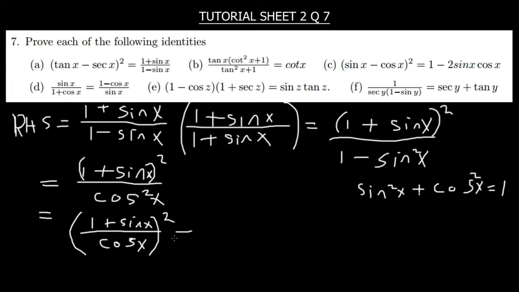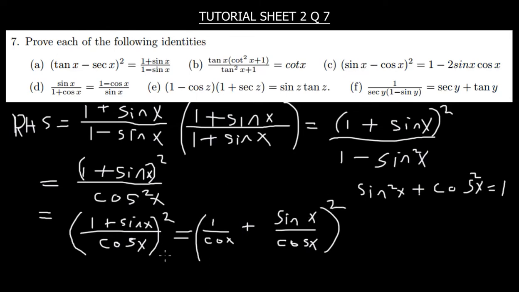So this is just the same as 1 over cos x plus sine x over cos x. Then you put everything in brackets and then squared like that.